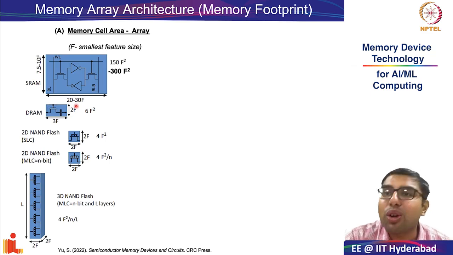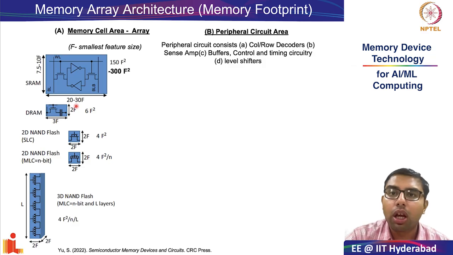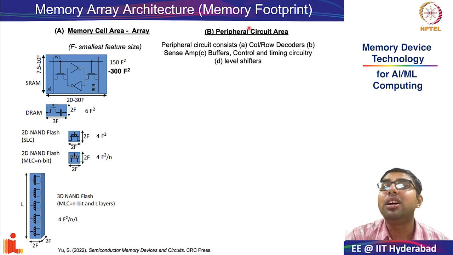But that is only part of the story. As we had seen in the previous slide, the other portion of the entire memory footprint is also contributed by the area from the peripheral circuitry.